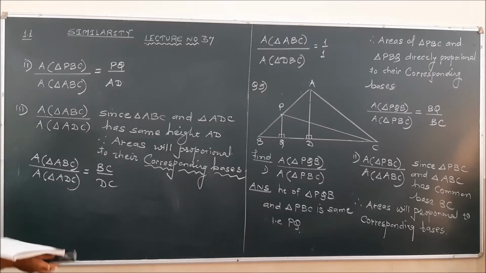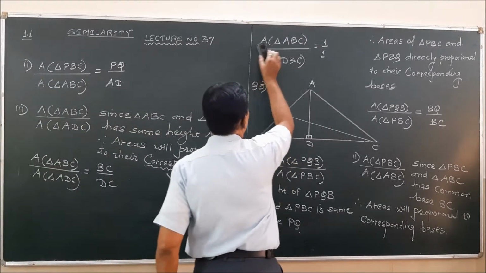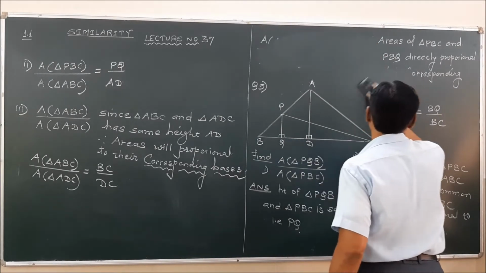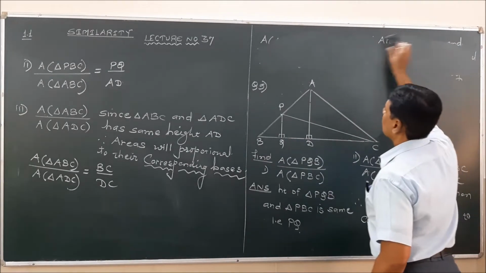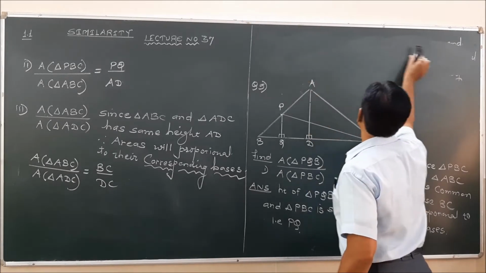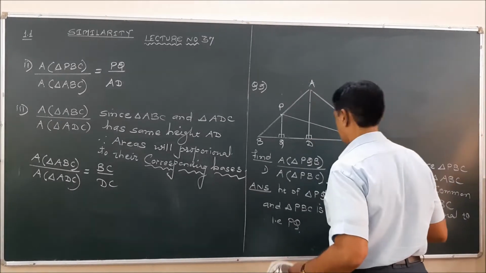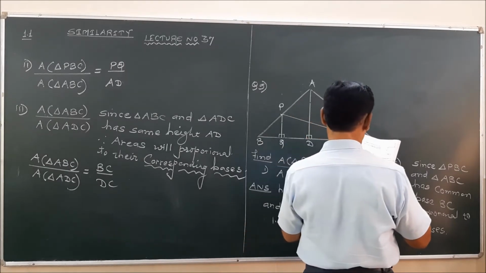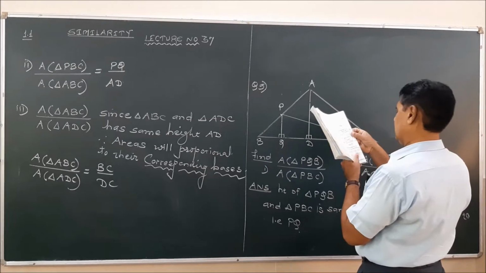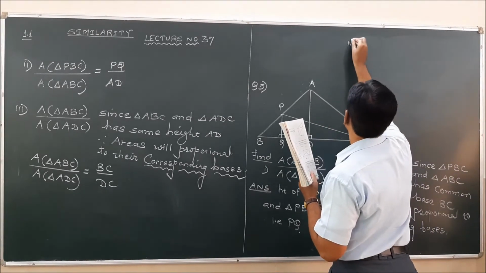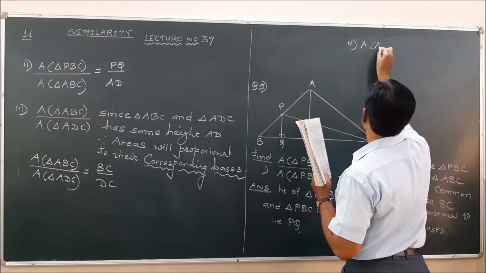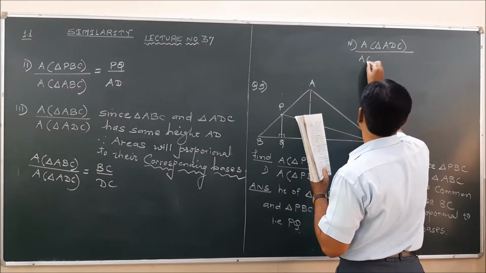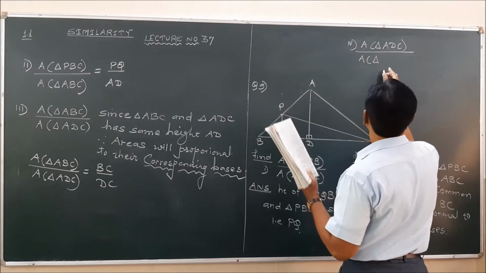One more question is there for the same figure. Figure will be the same. Fourth one, question number 5, sub question 4. In the fourth one, we have to find area of triangle ADC upon area of triangle PQC.